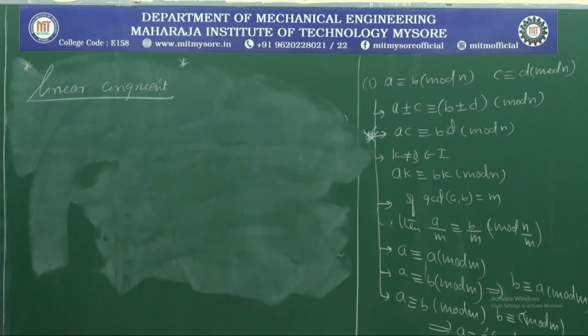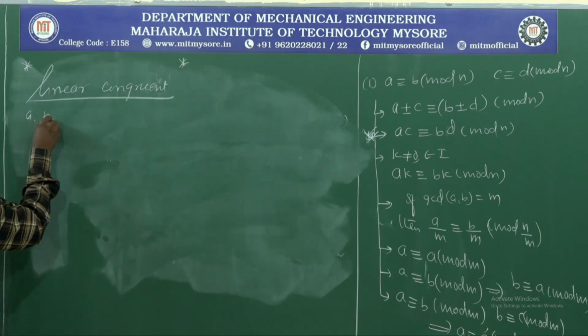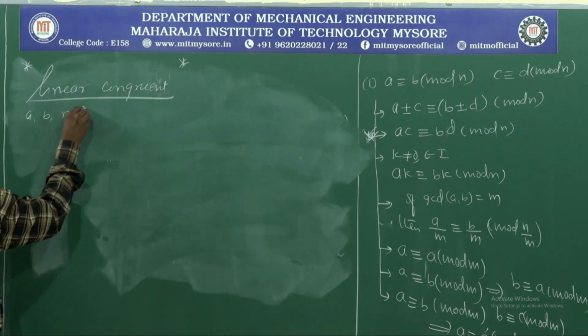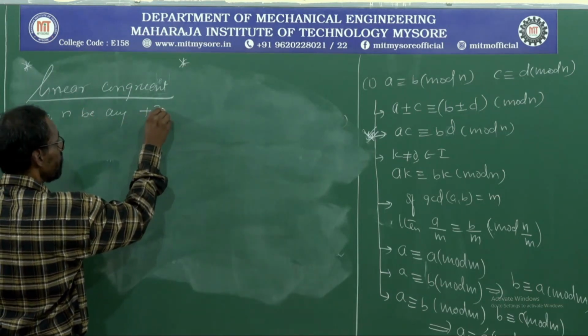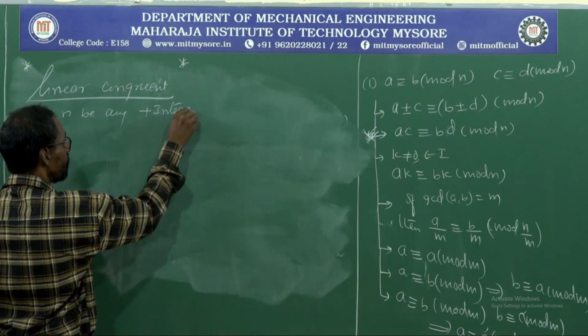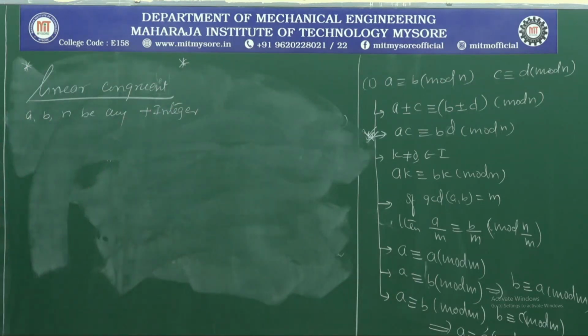What is a linear congruence? Let A, B, n be any positive integers. Yesterday I told you it happens for even negative integers, and the same way I can deal with negative integers also, but generally we are going to deal only with positive integers.